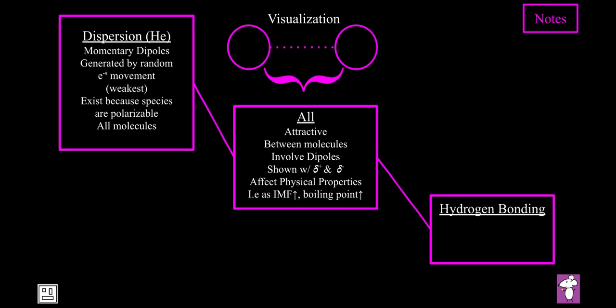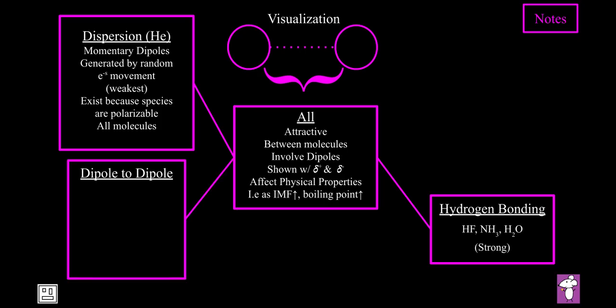Hydrogen bonding is a particular dipole. It's when you've got H to a fun element. These tend to be stronger than dispersion, and stronger than dipole-dipole. Dipole-dipole is something like a polar bond other than those three that are unique to hydrogen bonding.